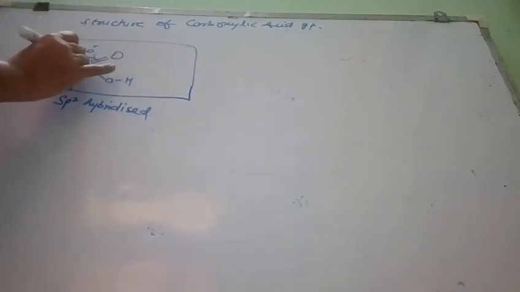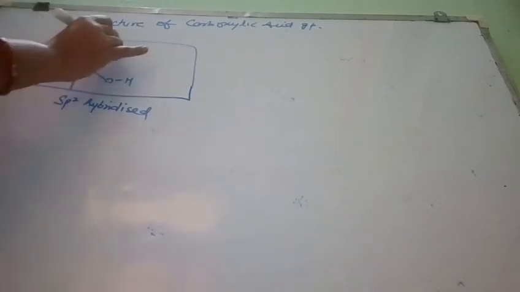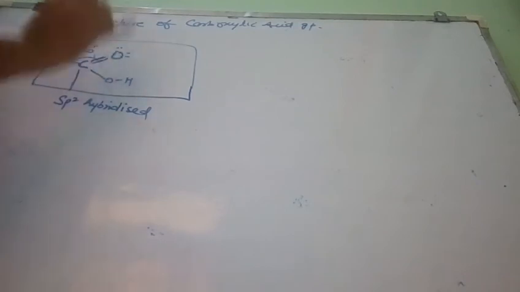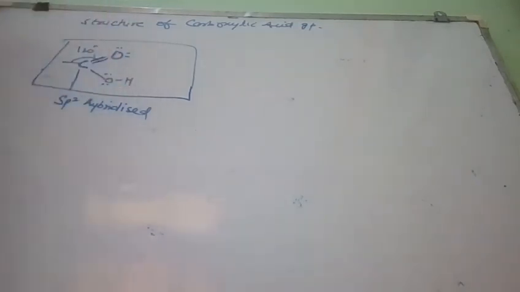So this carbon is attached to this oxygen, and this oxygen will contain 2 lone pairs, this also containing 2 lone pairs. Now the question arises: does this carbon behave as an electrophilic center as in the carbonyl group?